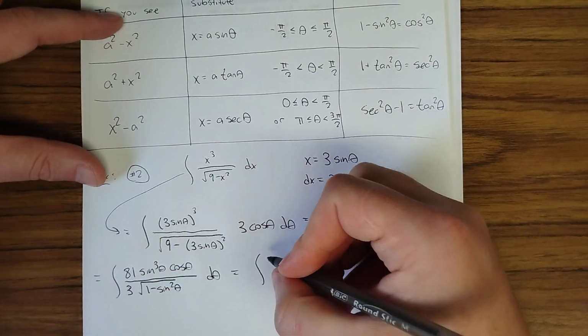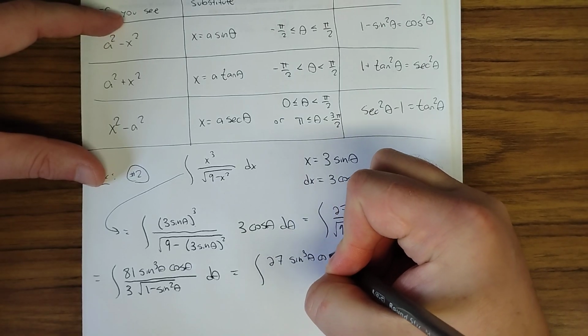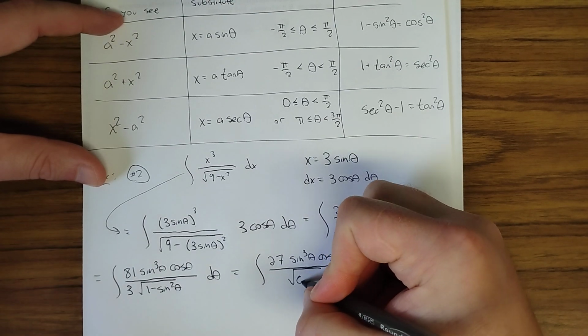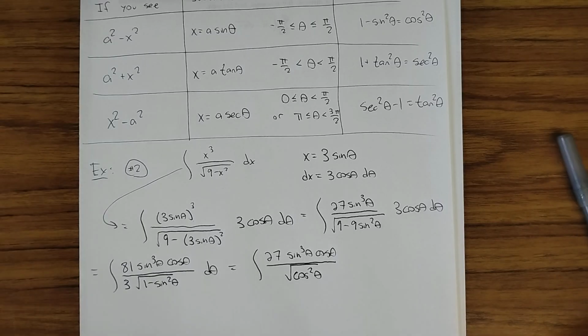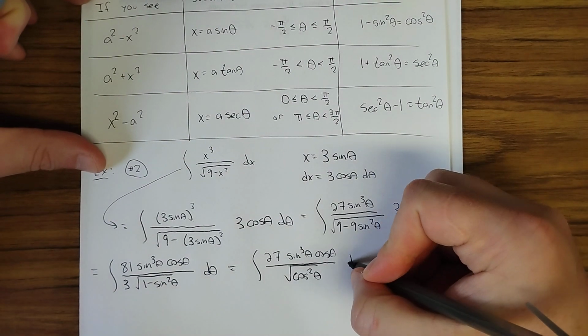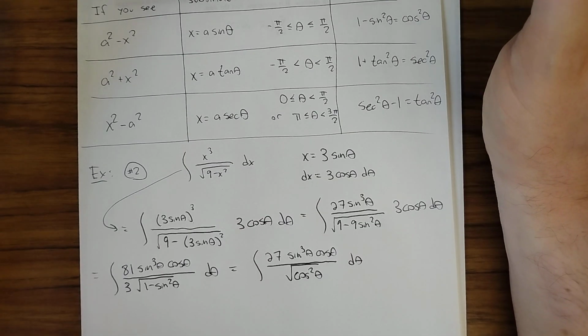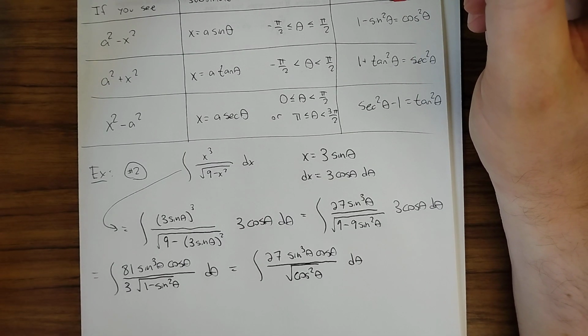Okay, 81 over 3 is 27. 1 minus sine squared is cosine squared. I almost forgot to write my d theta. But like I said, I've been going pretty slow. I probably could have skipped some of these steps and done some of this in my head.